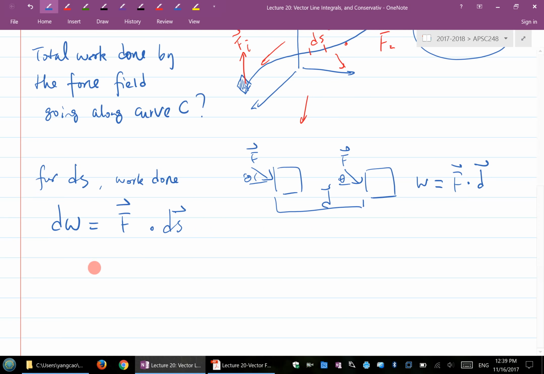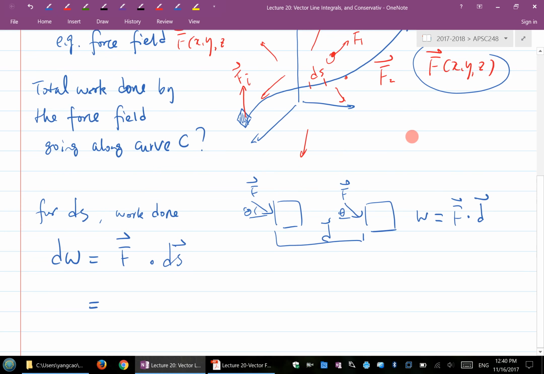Okay, so let's work from here and then work out the rest of the problem. F dot ds. So ds represents the displacement vector from here to here, right? For any vector, you have two quantities: one is direction and the other is magnitude.